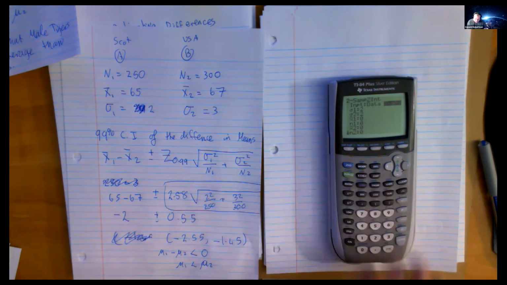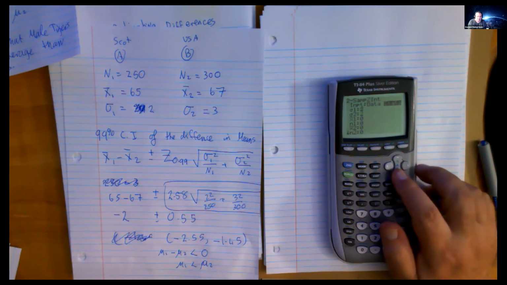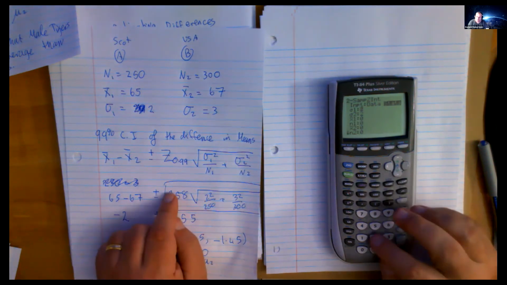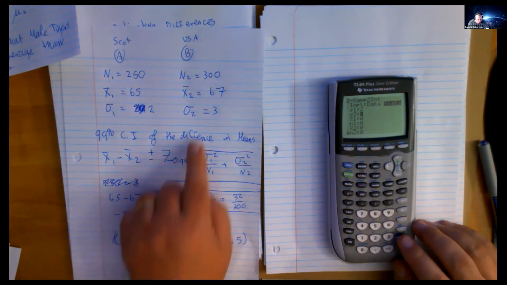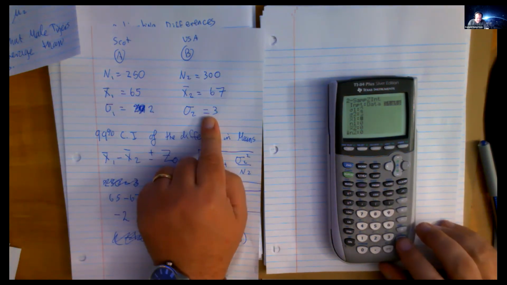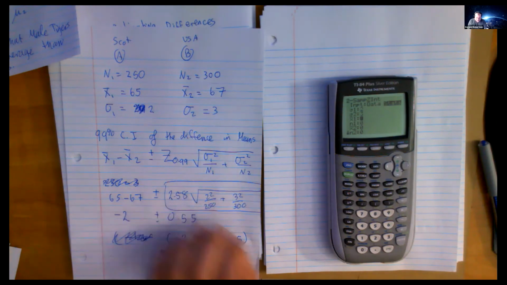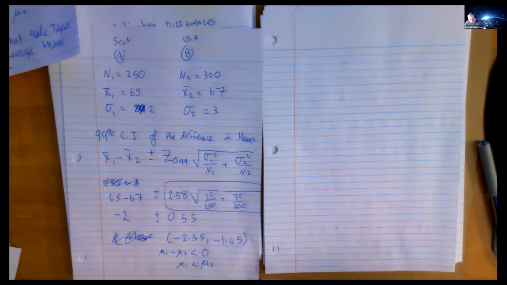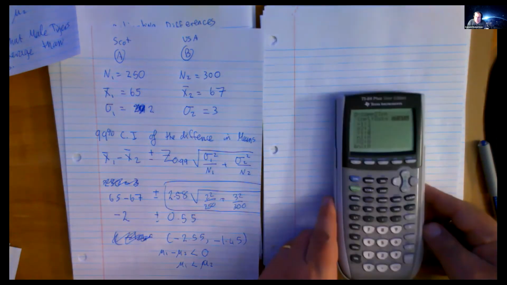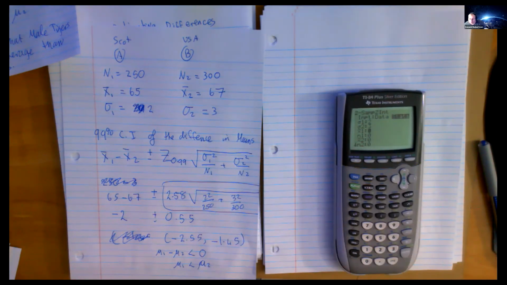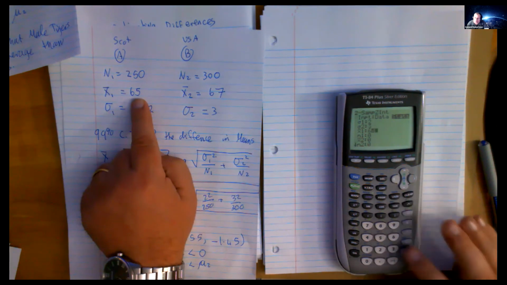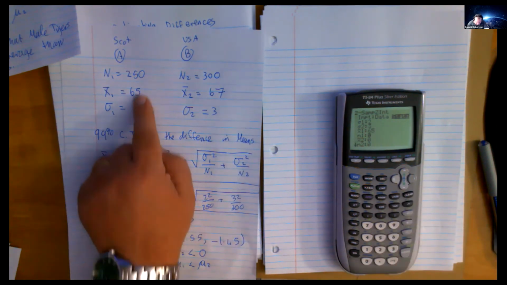Now, as we scroll through it, this has just got old data. Sigma 1 is 2, which is cool. Sigma 2 is 3. X1 bar is 65. N1 is 250.